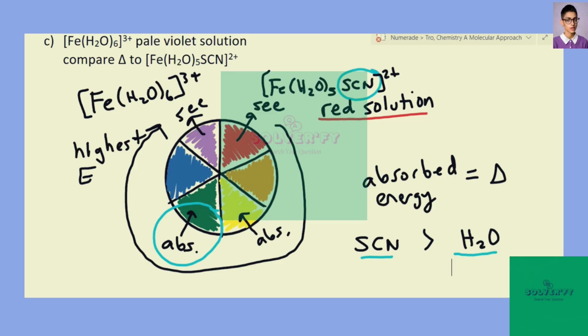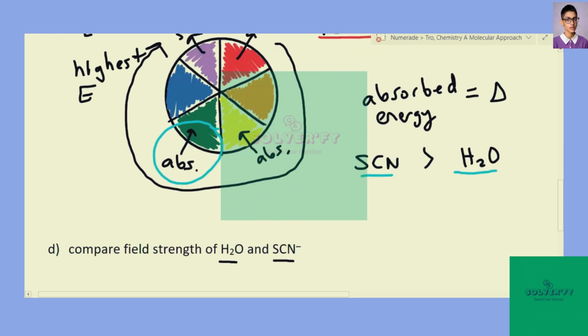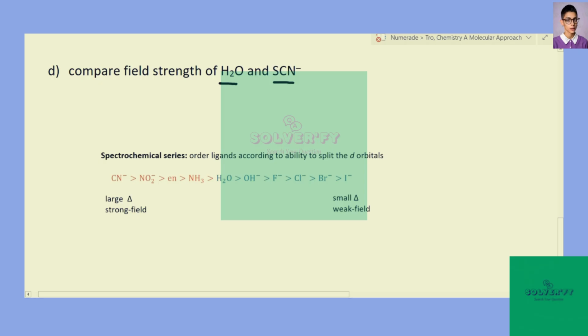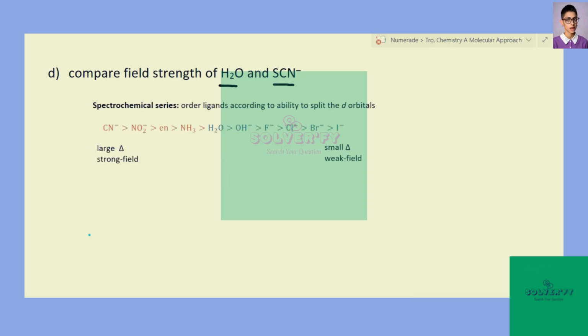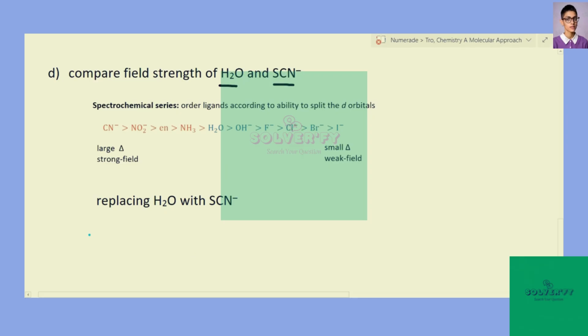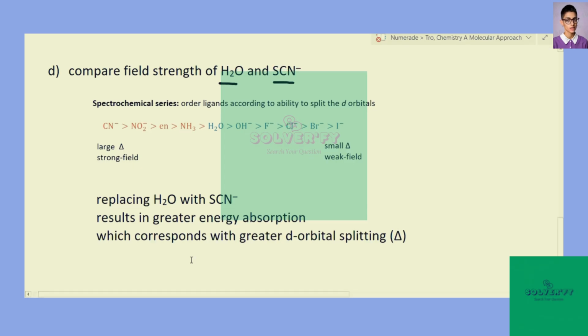Okay, so let's go back and say that again. It seems that replacing water with thiocyanate results in greater absorptions, greater energy absorption. And greater energy absorption corresponds to greater splitting of the d orbitals. Let's look at a quick picture of that.